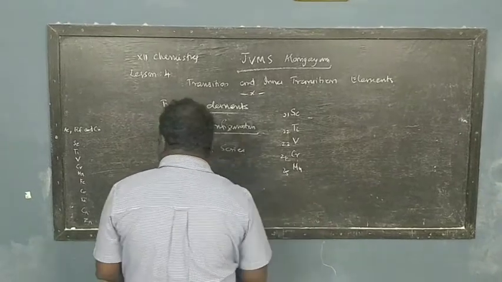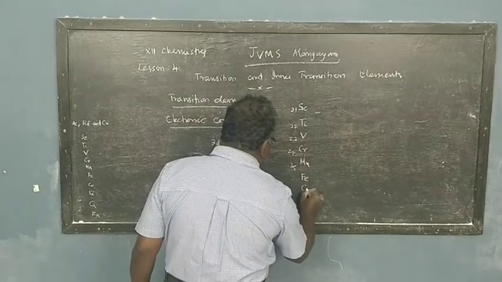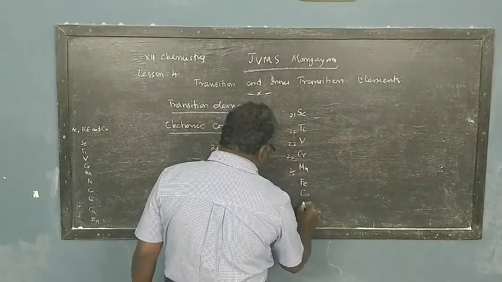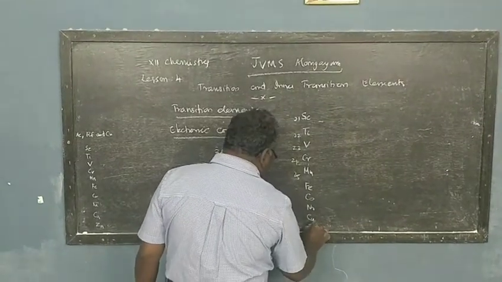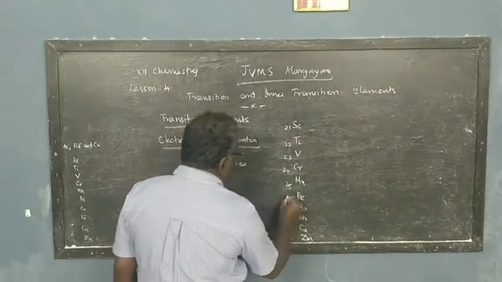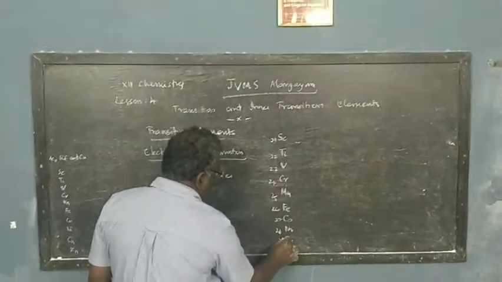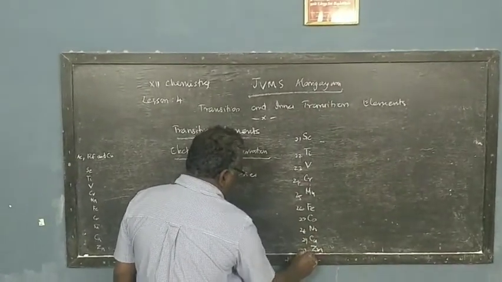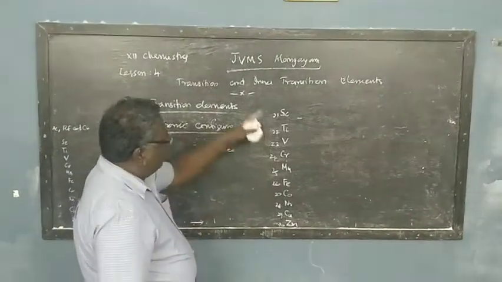That is, after manganese, iron, then cobalt, after that nickel, copper and zinc. So this is 26, 27, 28, 29, 30. This is the atomic number.